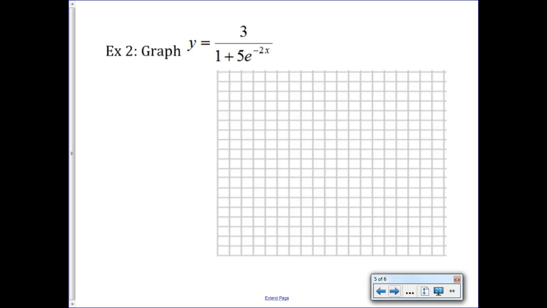All right, so let's try to graph one of these functions, and let's just use those properties that we know. So we have y equals 3 over 1 plus 5e to the negative 2x. So I know that my asymptotes are going to be at y equals 0 and y equals 3. So I'm going to go ahead and plot this.